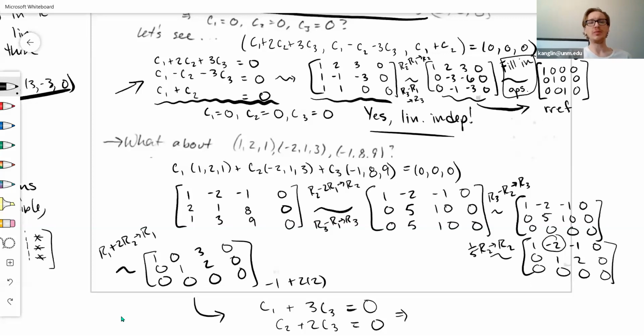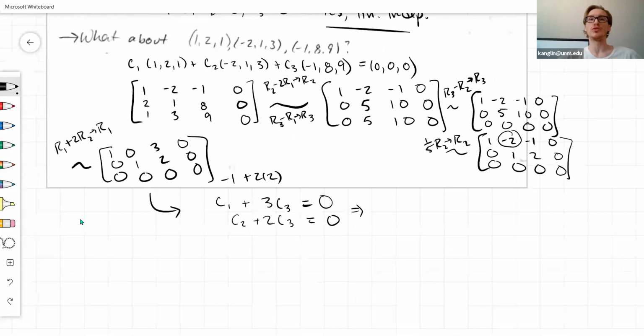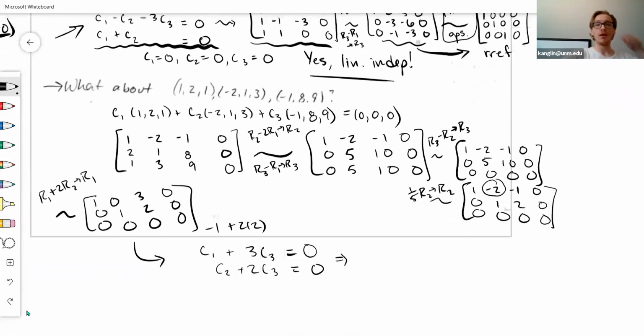Well, this is a dependent system, meaning there are many solutions, not just one solution. You can see that when C1, C2, and C3 all equal 0, this equation is satisfied. But what we're seeing is that there are other solutions. Letting our free variable C3 be a parameter, I'll let it be T, then we describe the others in terms of it.